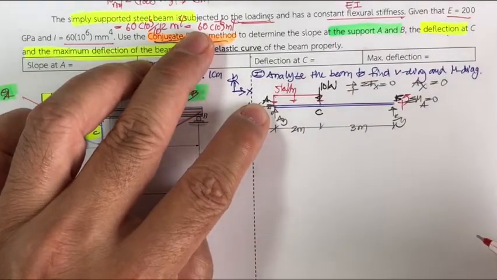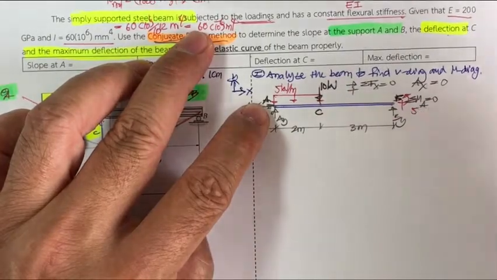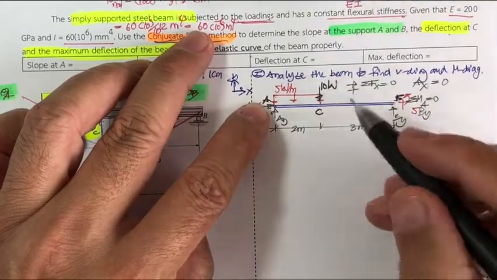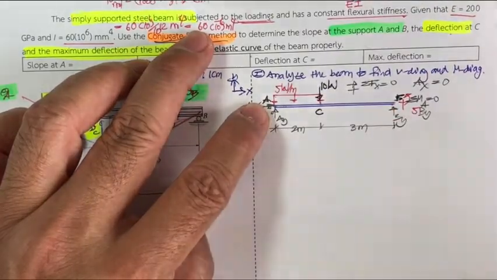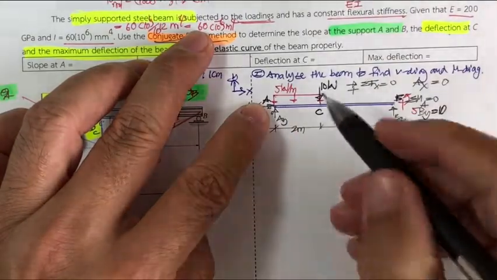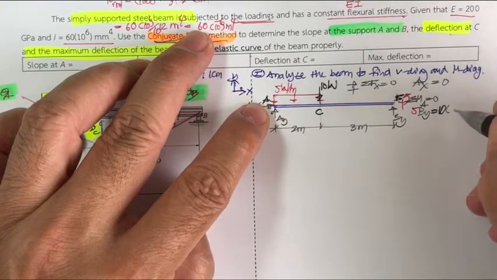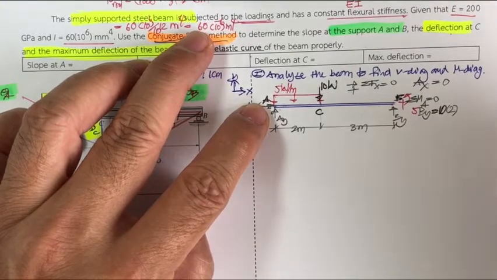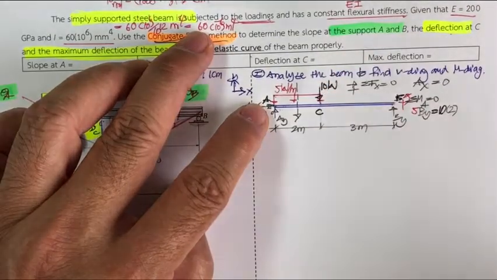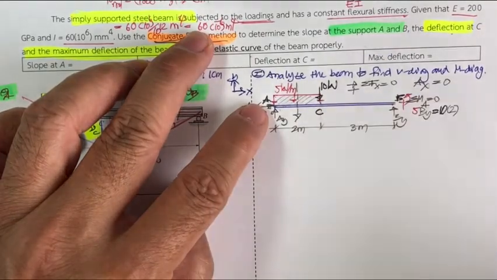And then what we have is B sub y times 5. And the 10 is going to be in the opposite direction, so that is going to be equal to 10 times this 2. And then you have the resultant force here, which is the total area of the uniformly distributed load.